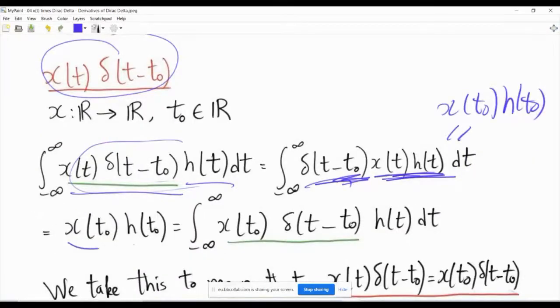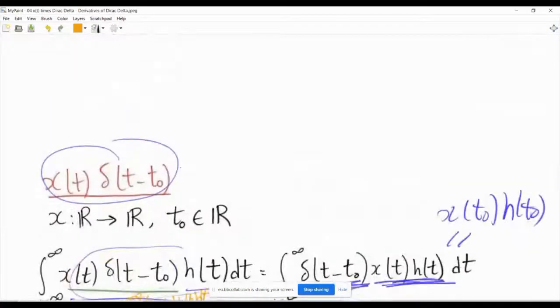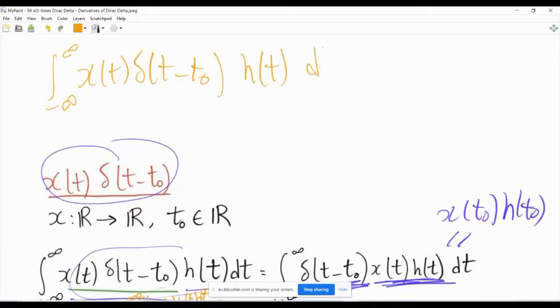But if you have x of t0, h of t0, you can take this h of t0 and rewrite it as the integral from minus infinity to infinity of delta of t minus t0 times h of t dt. And this is just a scalar. So we can write this on the test function h of t as this.